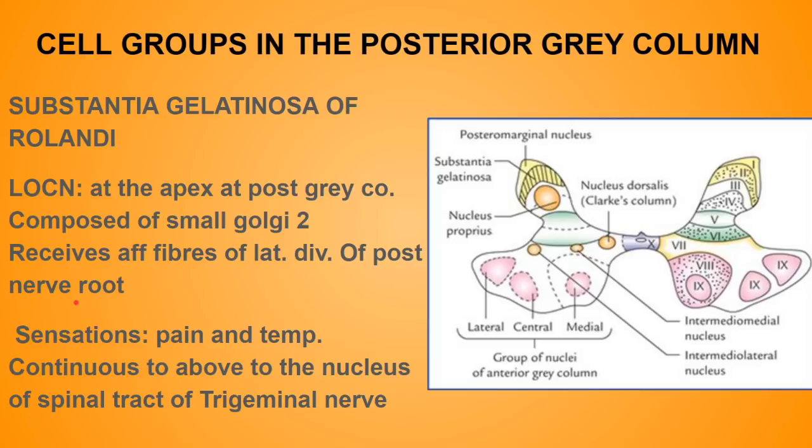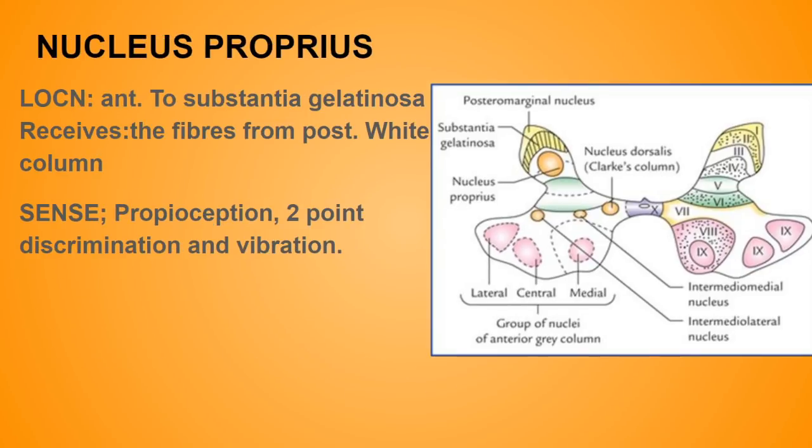And remember, the substantia gelatinosa is continuous above with the nucleus of the spinal tract of the trigeminal nerve. Now next is the nucleus proprius. This is present anterior to the substantia gelatinosa and receives fibers from the posterior white column.